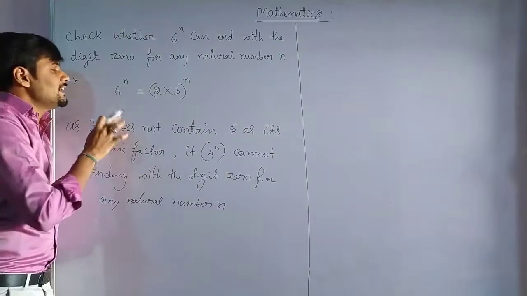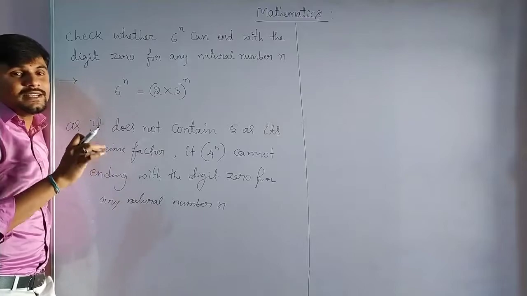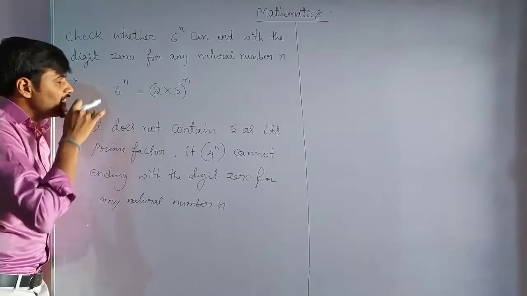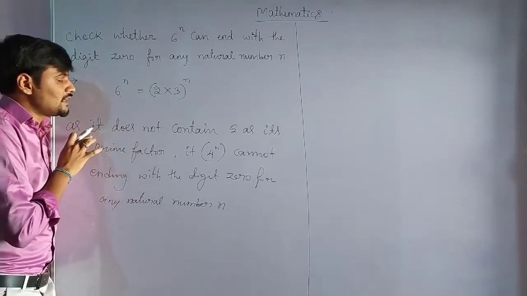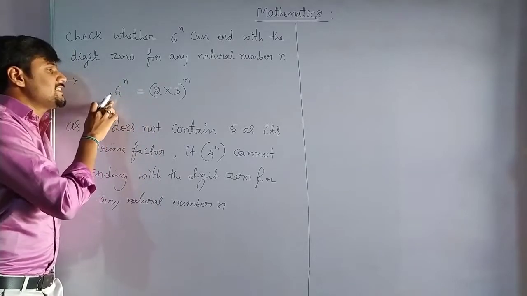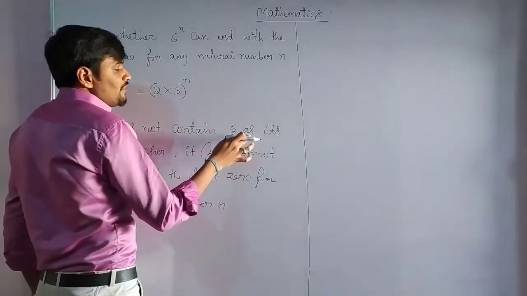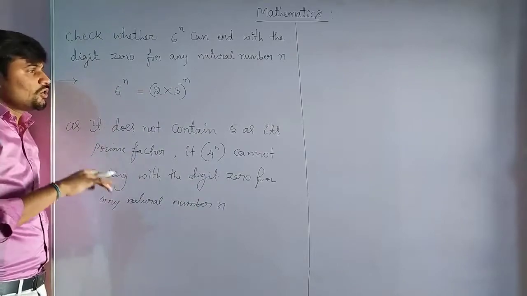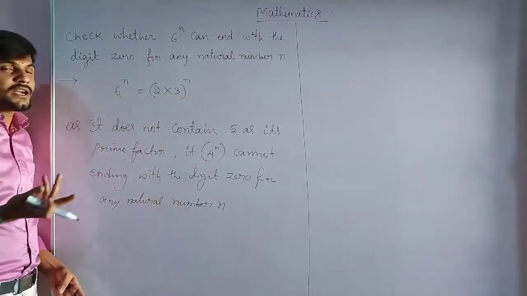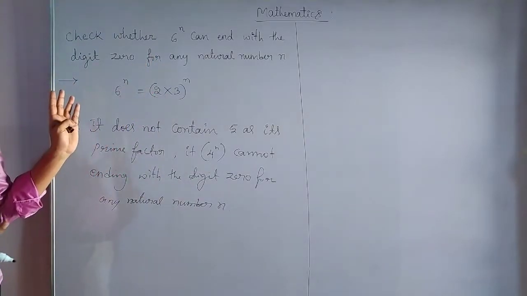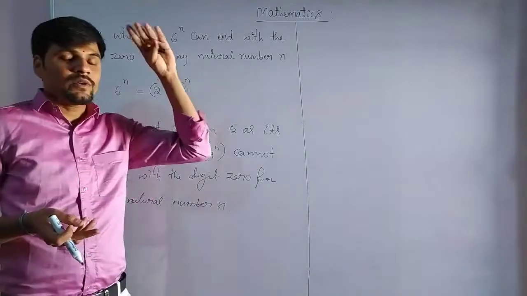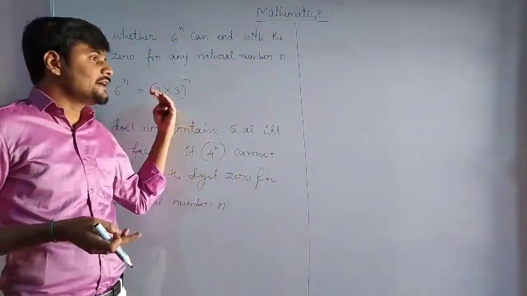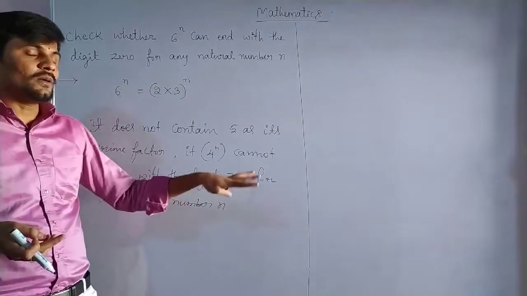If you go on writing, it cannot end with the digit 0. Again the same reason: the prime factorization of 6 does not contain 5 as a prime factor. So 6 power n cannot end with the digit 0. If the question is 30 power n or 40 power n, then it ends with the digit 0. Understood?